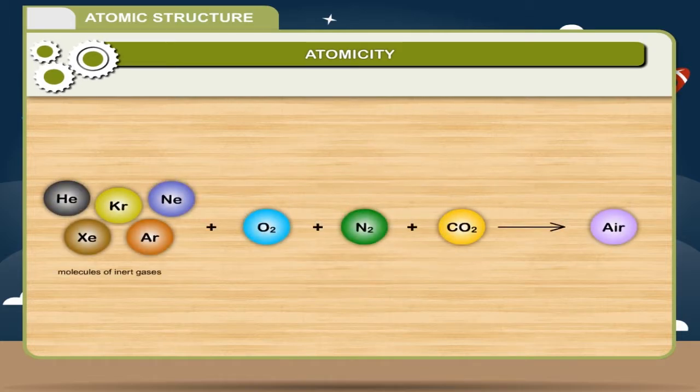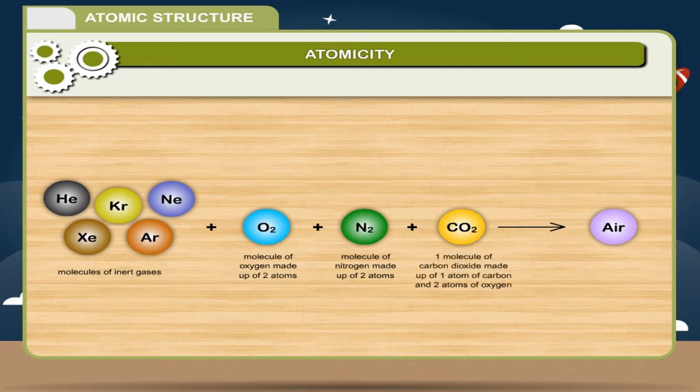molecules of inert gases, He, Xe, Kr, Ne, Ar, plus molecule of oxygen made up of two atoms, O2, plus N2, molecule of nitrogen made up of two atoms, plus CO2, one molecule of carbon dioxide made up of one atom of carbon and two atoms of oxygen, gives air.